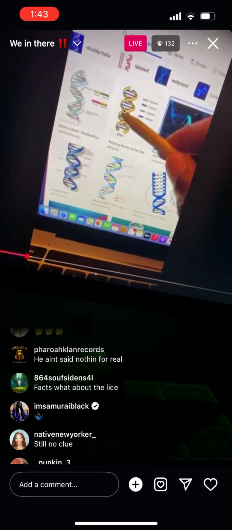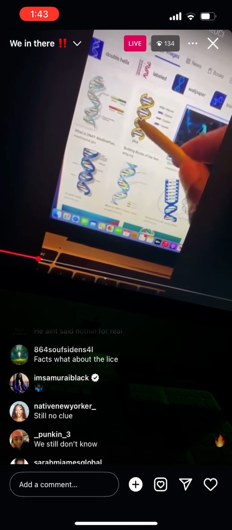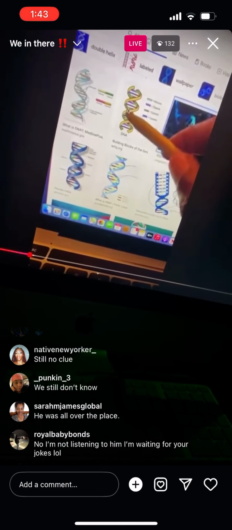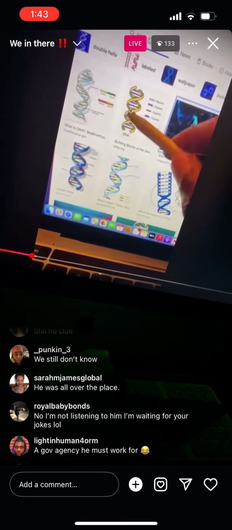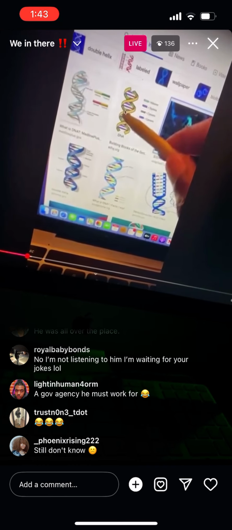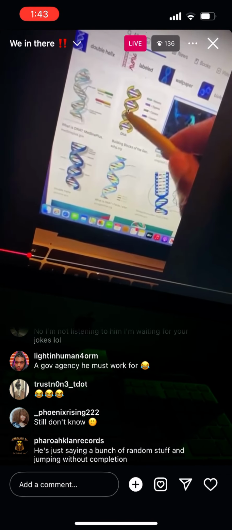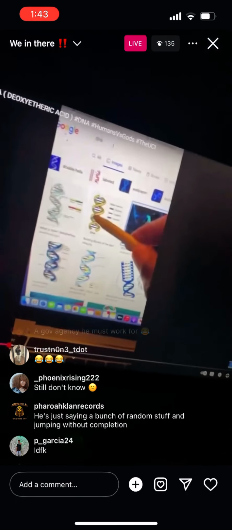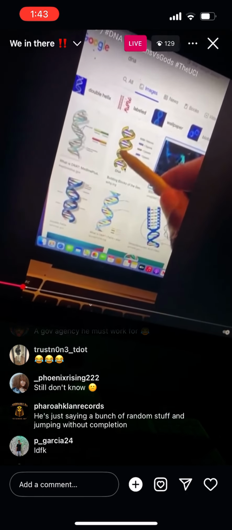He wouldn't understand the pairs. Why do they pair? What's the purpose? What's a phosphate group? What is the sugar? What's the deoxy? You don't understand this shit. He just pointing at the shit. He just typed in DNA, and now he just pointing at it.